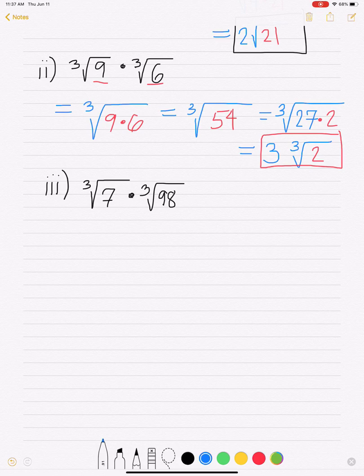All right, since we have a common cube root here, we're going to make a single cube root, and we're going to multiply 7 together with 98 under the radical symbol. So I guess the question is, what is 7 times 98? Well, I don't even know that, so let me get out a calculator. 686.